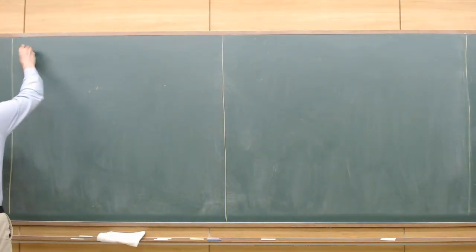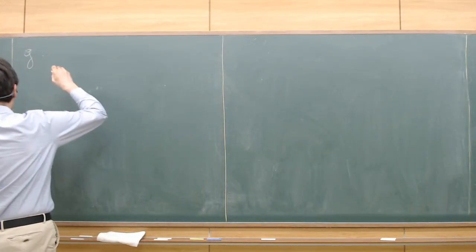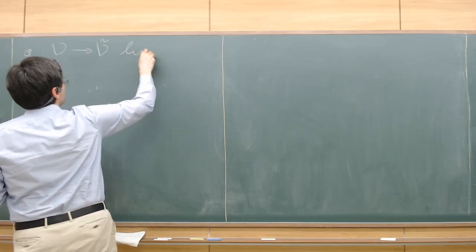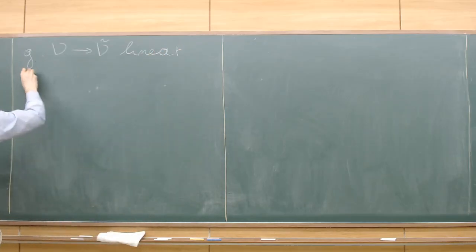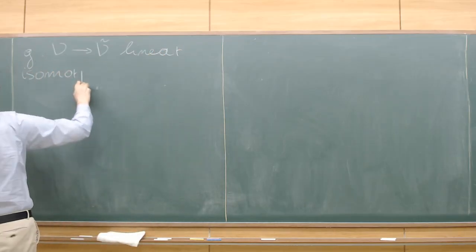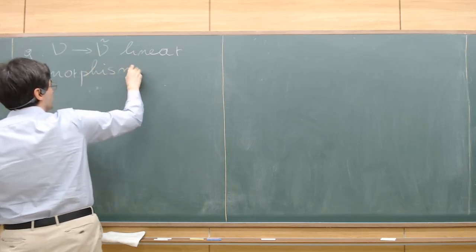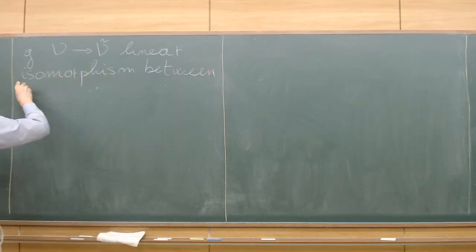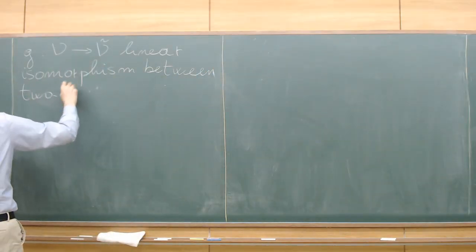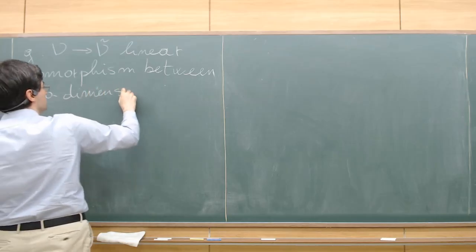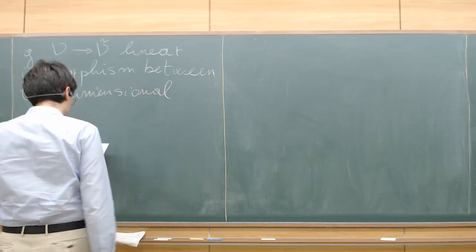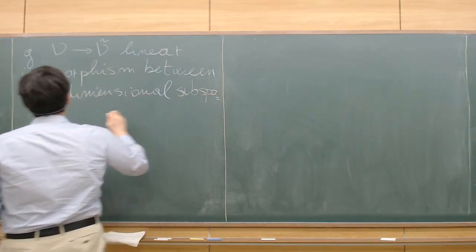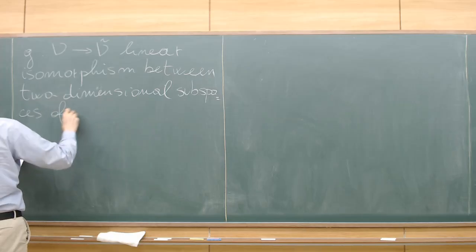So suppose that G, defined on ν with values in ν tilde, is a linear isomorphism between two-dimensional subspaces of R3.